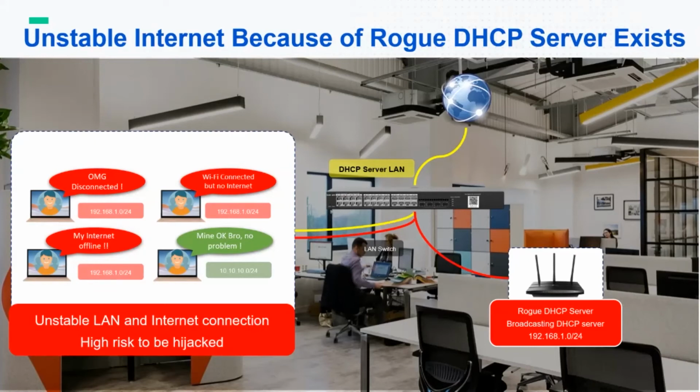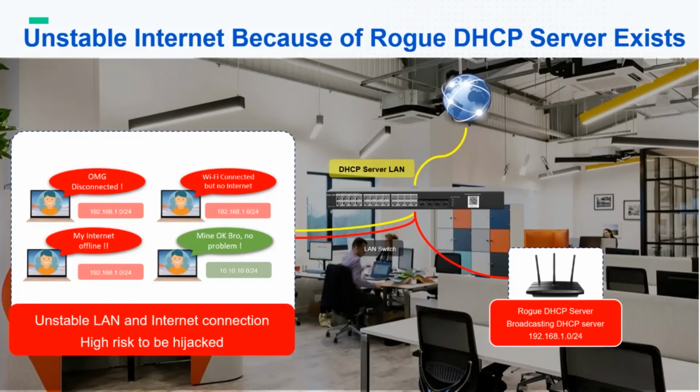And that device, that router or AP, may be a rogue DHCP server, and it will corrupt your network because it's another DHCP server, and it can provide wrong IP addresses to some devices in the network.